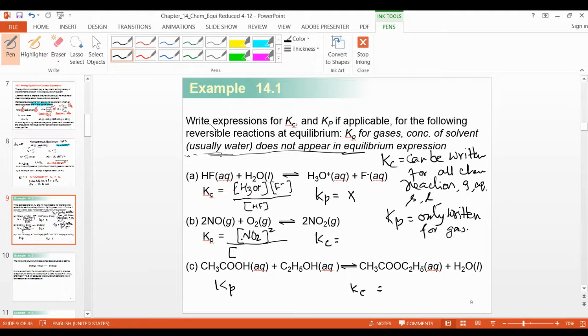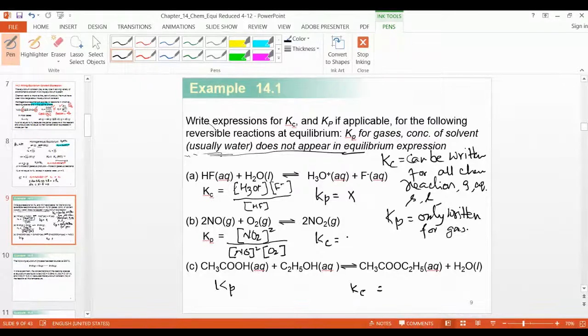Look at the equation and tell me correctly. NO to the power 2 and O2 to power 1. Right. Okay. What is the Kc?